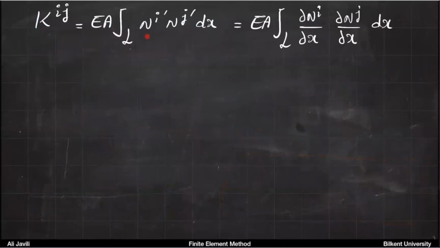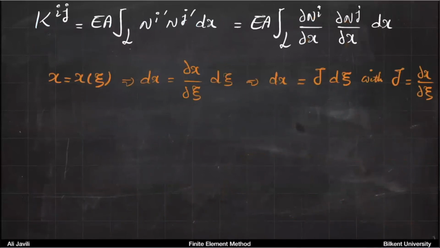Now remember, I said prime means derivative with respect to x. So I'm going to just write them like this: derivative of Ni with respect to x, derivative of Nj with respect to x. Now we do that transformation of coordinates. If you represent x as a function of xi, dx would be J dxi, whereby J is the derivative of x with respect to xi.